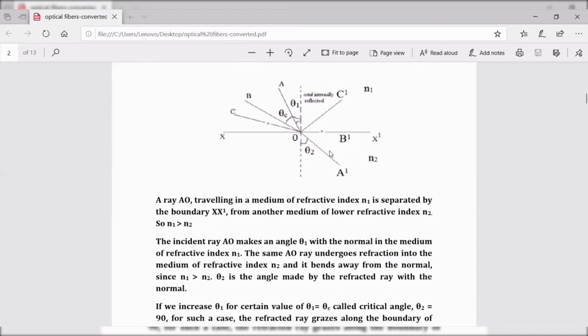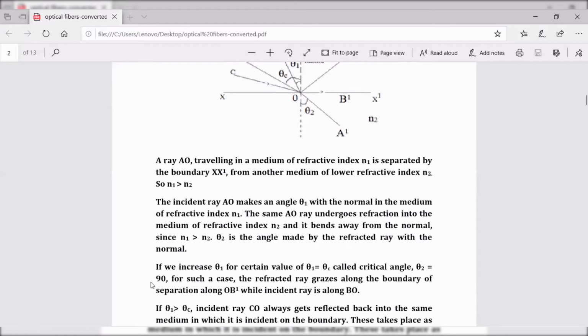We know any ray which passes from a denser medium to a rarer medium will always be refracted into the second medium and it bends away from the normal. So here θ1 is the angle of incidence and θ2 is the angle of refraction.